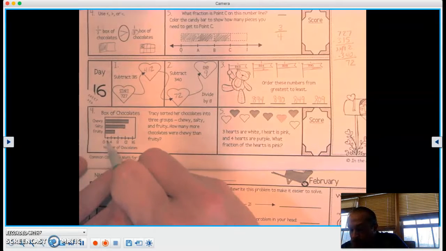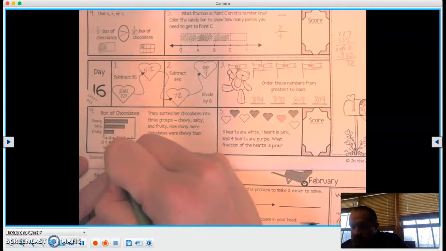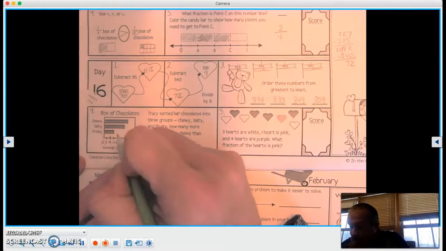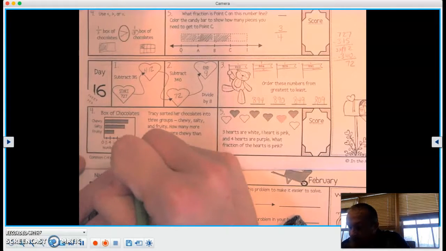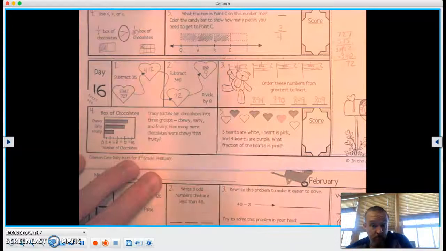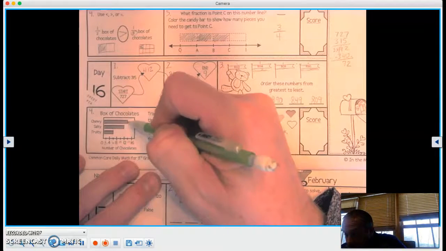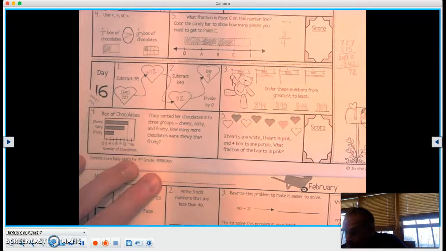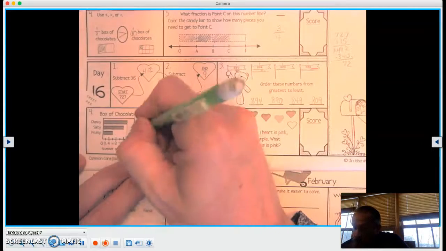It's counting by 2s. You see that? 2, 4, 6, 8, 10, 12, 14, 16. So this line right here looks like it lines up with 14. So we had 14 chewy.